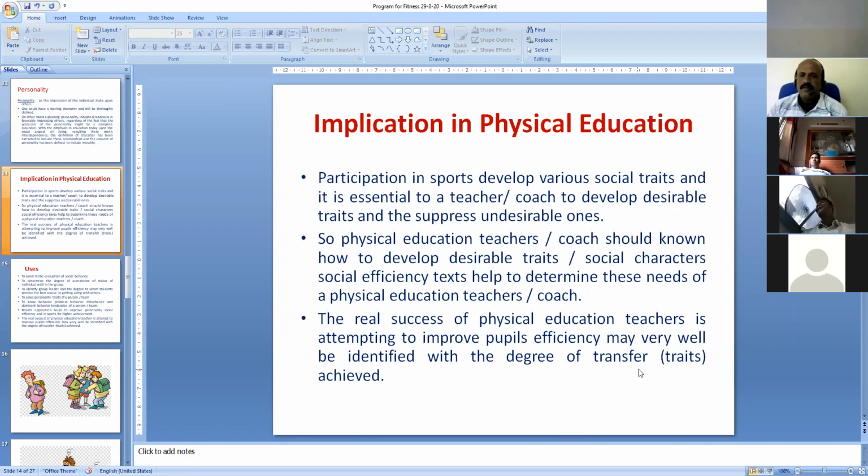It also matters. So physical education and sports activities help the efficiency of your students to be able to control situations in a different way.